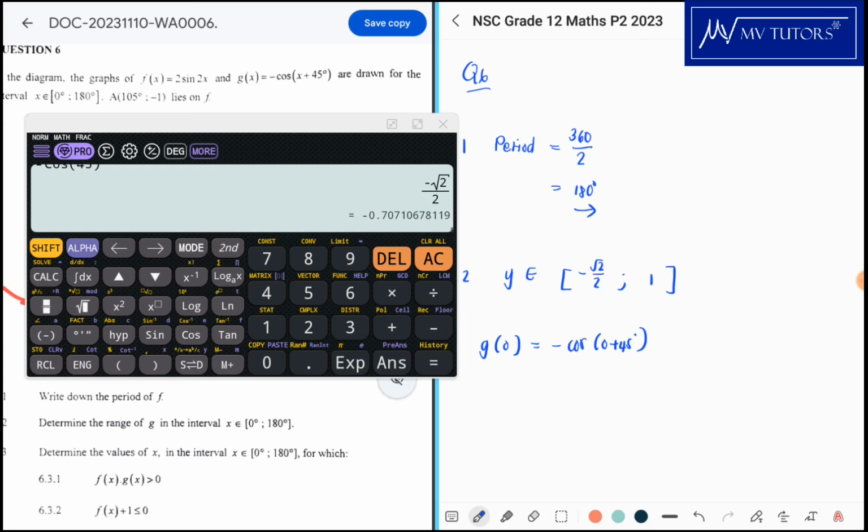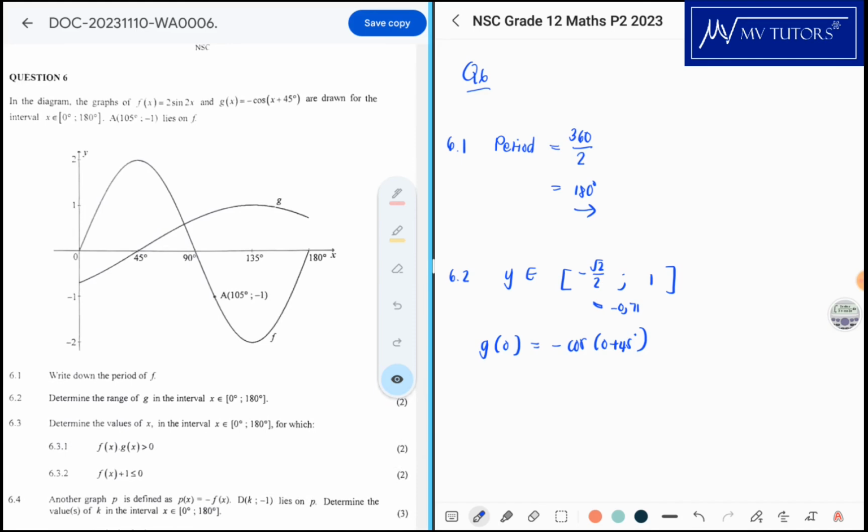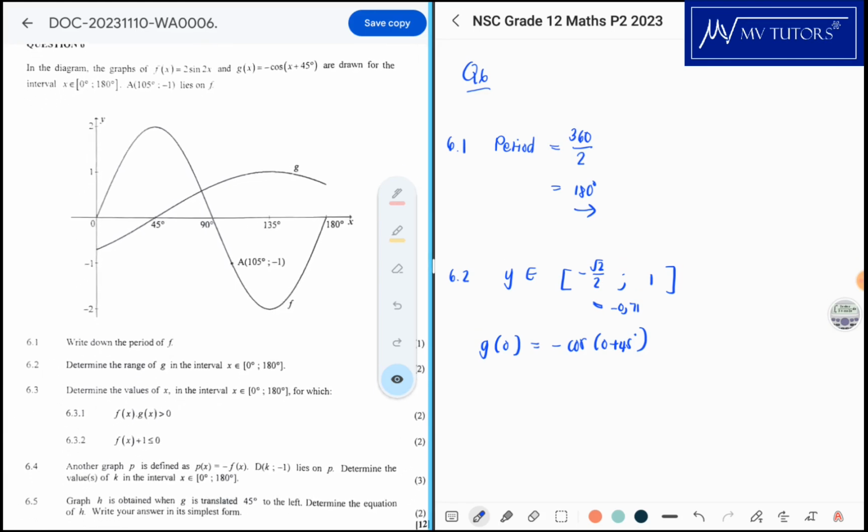Or if they wanted it in decimal form, we could say it's actually negative 0.71. Okay, you decide what you want to use. All right, so just be careful because like I said, generally the cos function goes from -1 to 1. But with this domain that they've given you, and they've explicitly put it there, the range in that interval, you must be very careful. And that is 2 marks.